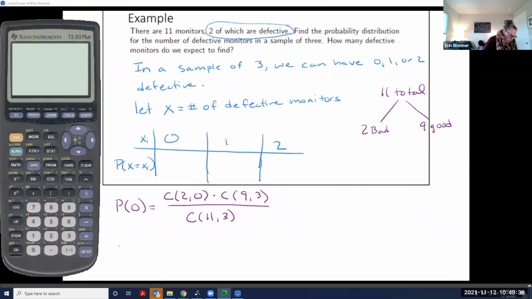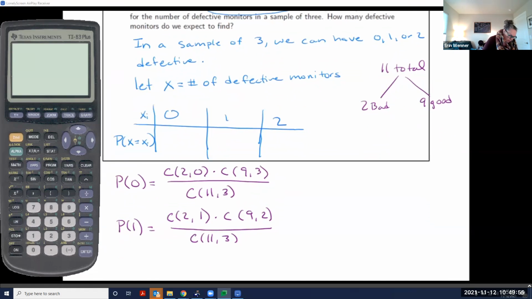The probability of 1 is going to be the combination of 2 bad, choosing 1 of them, times the combination of 9, choosing 2 of them, because we still need 2 good ones to make up our whole sample of 3, out of the combination of 11 monitors, choosing 3.